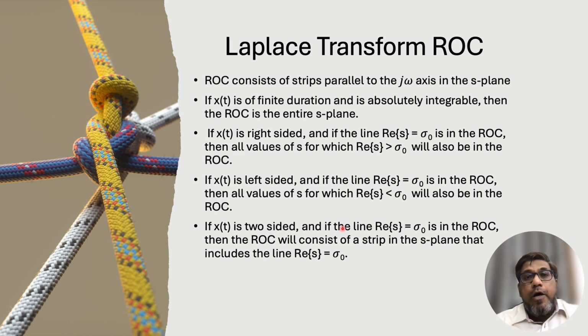Okay, we'll stop here for now, and we will continue in the next video, where we will take this idea of ROC a step further by including the discussion on poles and zeros as well.